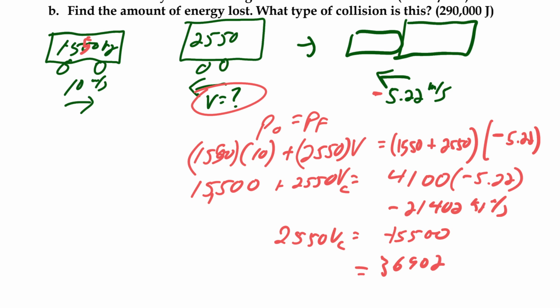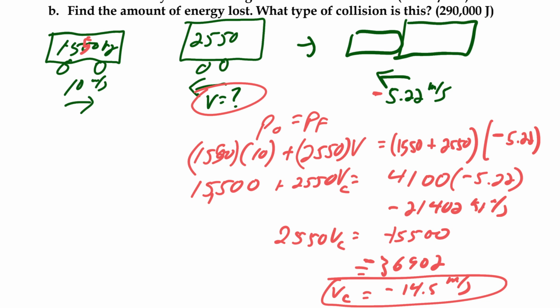And then we'll go ahead and divide by 2550, and that should get us 14.5. Let's go ahead and double check. It's a negative 14.5 meters per second.